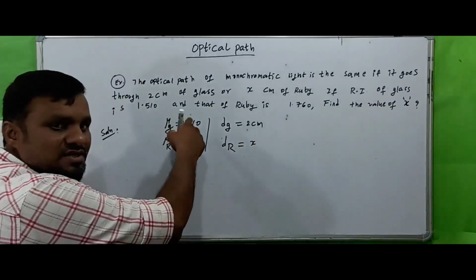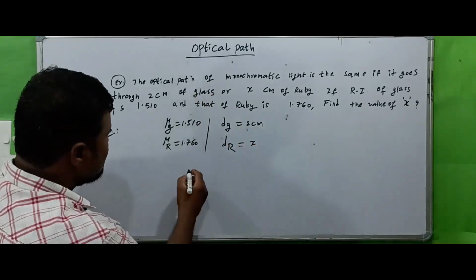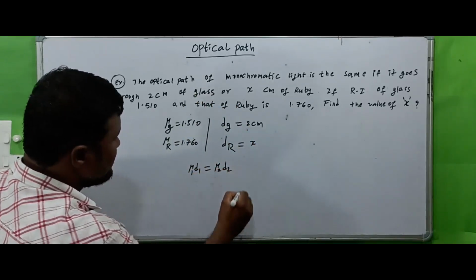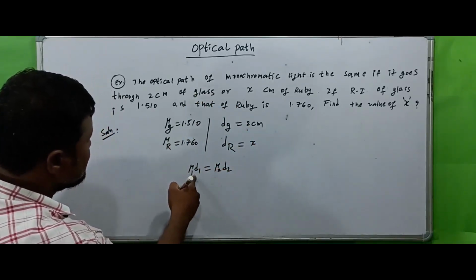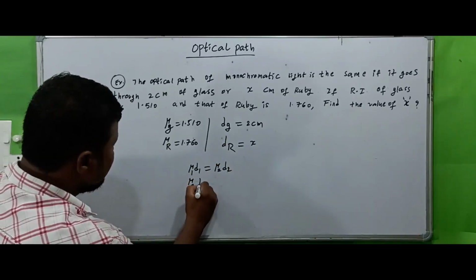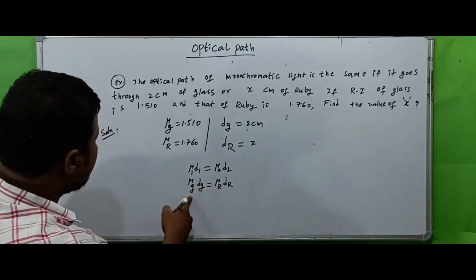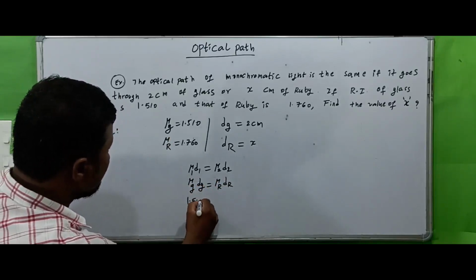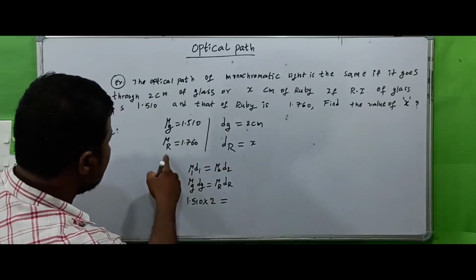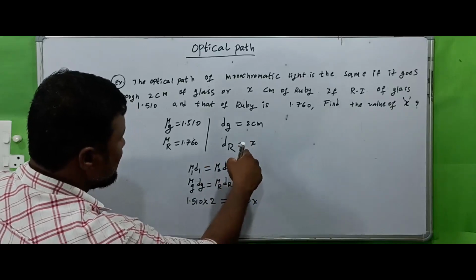So as per our discussion, in two different media, the light travels in the same time. So we can compare mu1 d1 is equal to mu2 d2, where one is glass and two is ruby medium. Or you can write mu g d suffix g is equal to mu suffix r d suffix r, where mu g is 1.510 into the distance traveled in glass, 2 centimeter, equal to mu r 1.760 into the distance traveled in ruby, that is x.